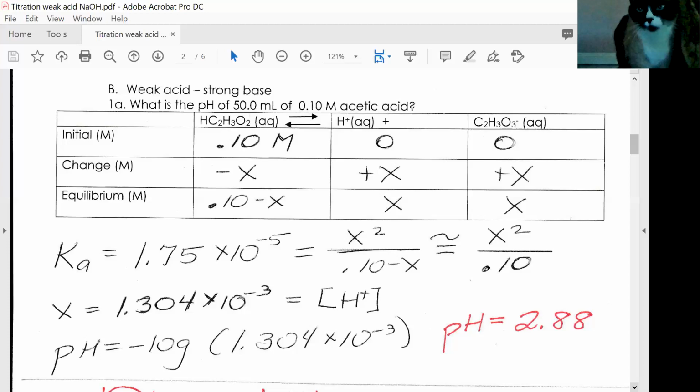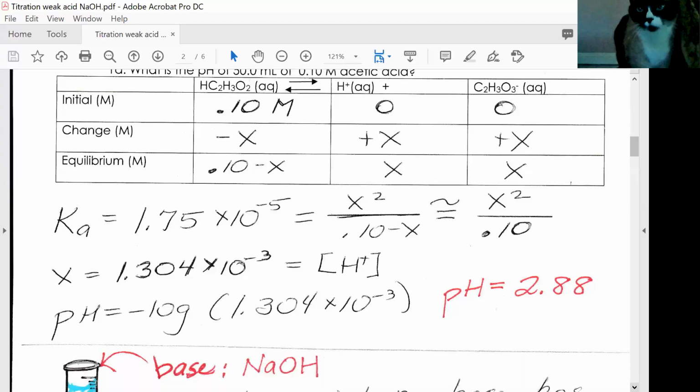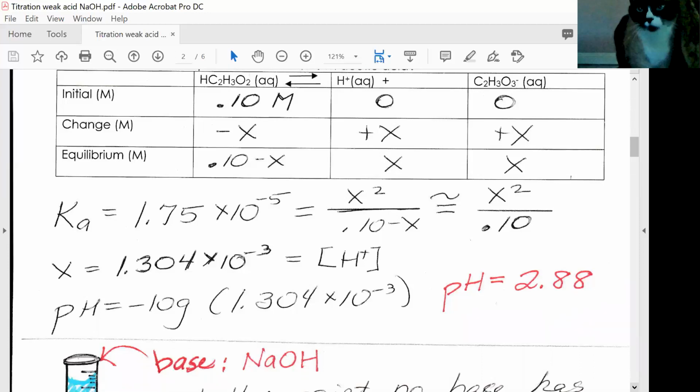We use the 5% rule, so we simplify it. So now it's x squared over 0.10. And we solve for x. So we're going to get our x as 1.304 times 10 to the minus 3. That's our hydrogen ion concentration. We put it in our pH equation, and we get the pH of 2.88.